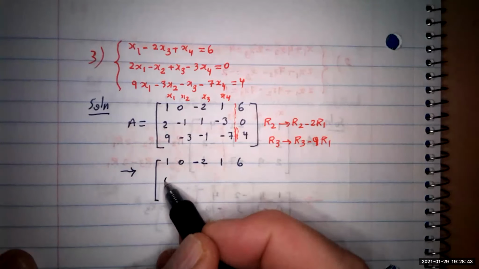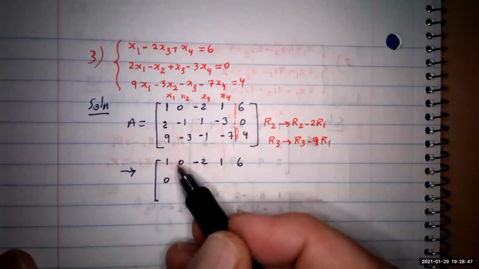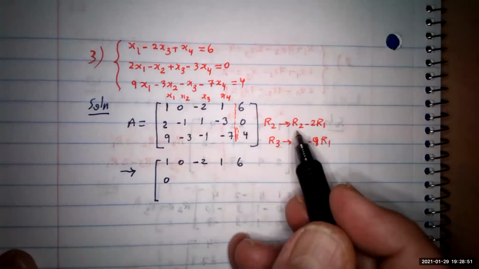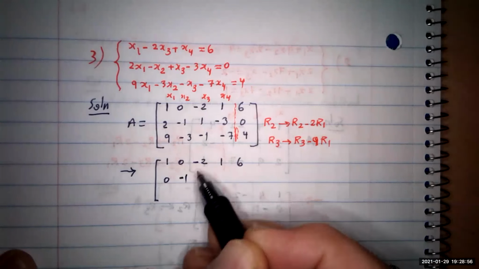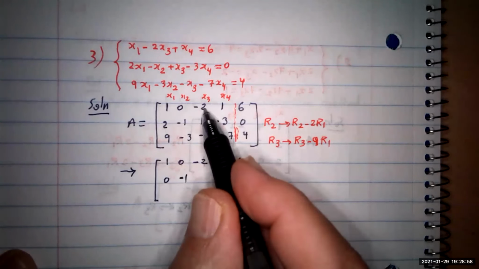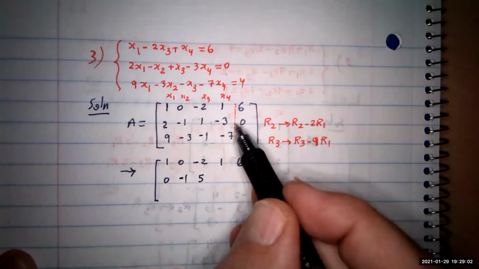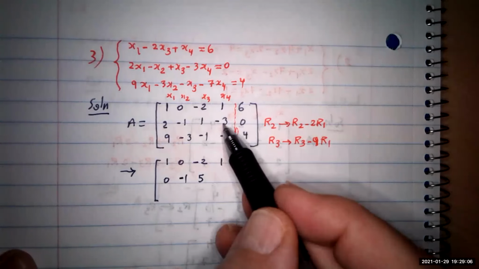So that makes this one into the 0. And the second one is just the 0. So that gives you a negative 1. Okay, R2, which is 1, and that gives you 4, which is 5. Okay, and this is going to be 6.